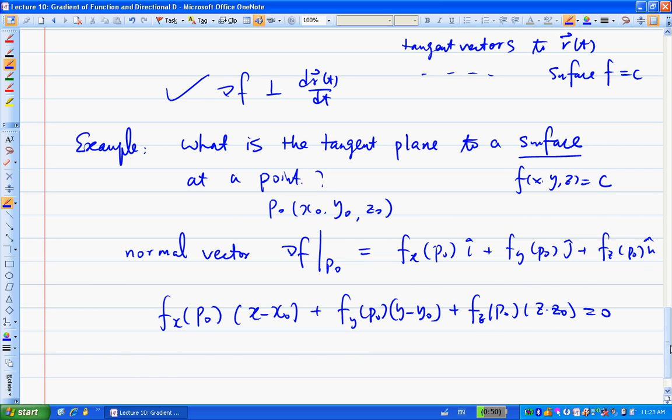Okay, that's the plane equation, right? That's the plane tangent to the surface at the point (x naught, y naught, z naught).